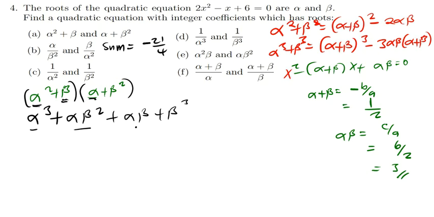If that's the case, just a minute, let's do it again. Alpha times alpha squared times alpha is alpha to the power 3, this times this, yes. So this times this is alpha beta squared.